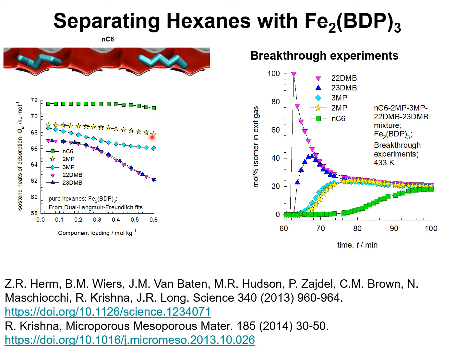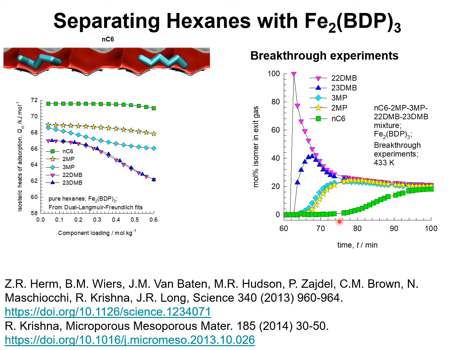The van der Waals interaction of the more compact monobranched and di-branched isomers are lower in strength than that of the linear isomer.